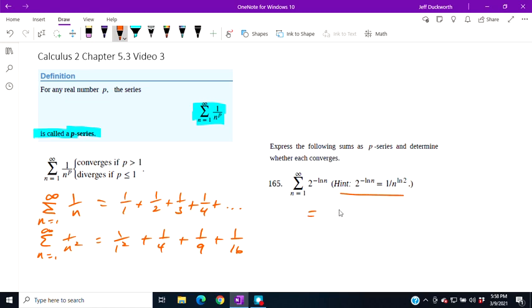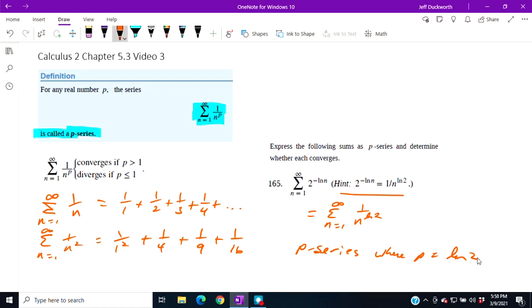This equals the sum as n equals 1 to infinity of 1 over n to the ln of 2. Well, this is a p-series where p equals the ln of 2. So we have to determine whether we converge or diverge.